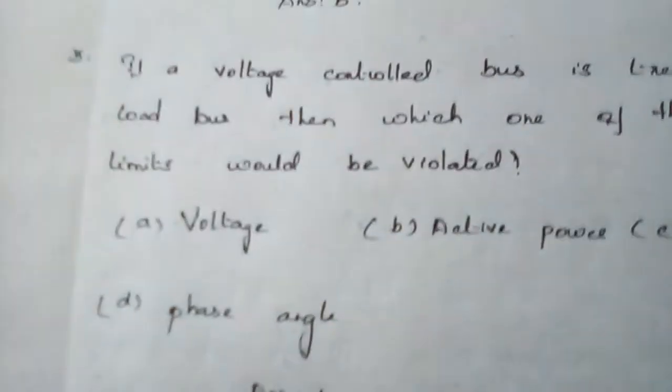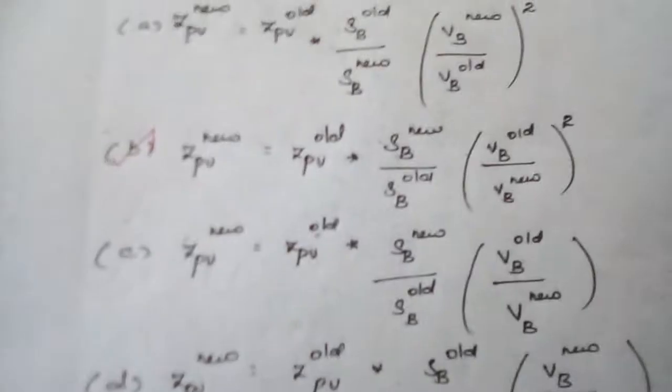Instead of MVA new, here there is only SB, right?